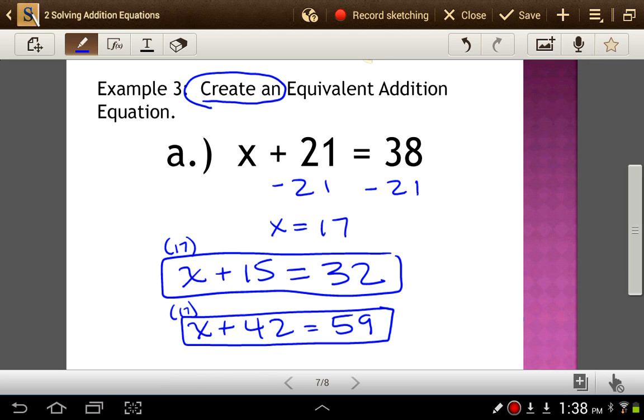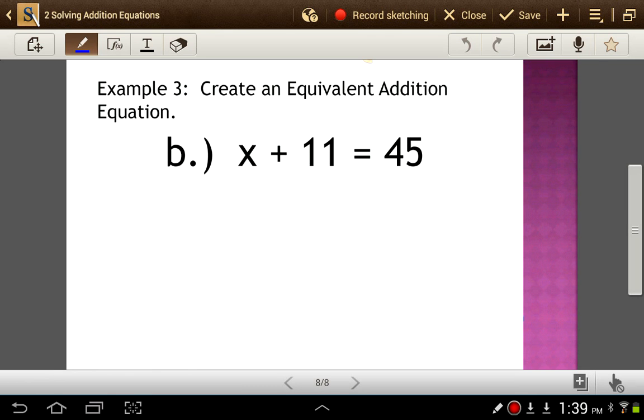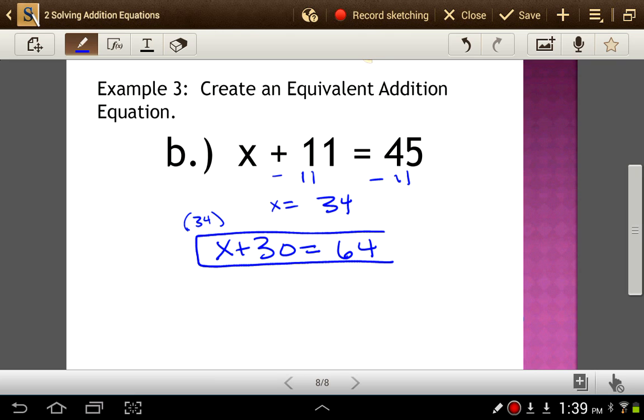I'm going to move on to B if you need to pause. For B, I have x plus 11 equals 45. Again, figure out what x equals, which is 34. After I figure that out, I can plug it in. For example, x plus 30 equals, remembering x is 34, 64. So x plus 30 equals 64.